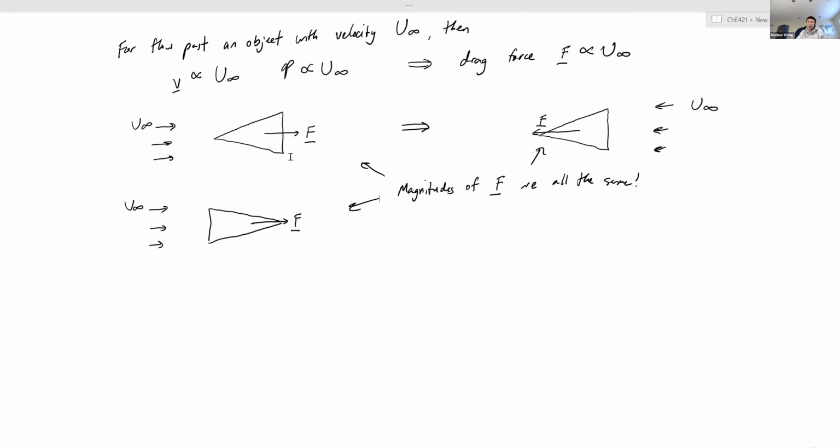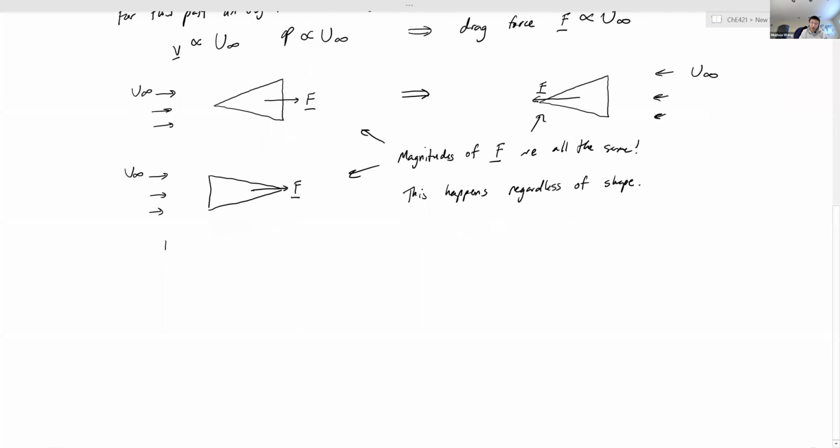But basically this phenomenon happens regardless of shape. Basically the drag force doesn't matter whether the fluid is moving towards the front or the back of the object. Okay.